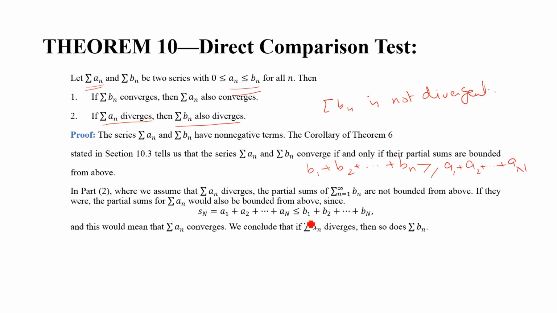Now, due to our assumption this is bounded above, say it is less than some number k. If this is bounded above, then this should also be bounded above, because this is less than this sum. Now, if this is bounded above, this means sigma an is convergent, which is a contradiction to the fact that sigma an diverges. So our assumption that sigma bn converges is not right. This is a wrong assumption. So we conclude that if sigma an diverges, then sigma bn also diverges.